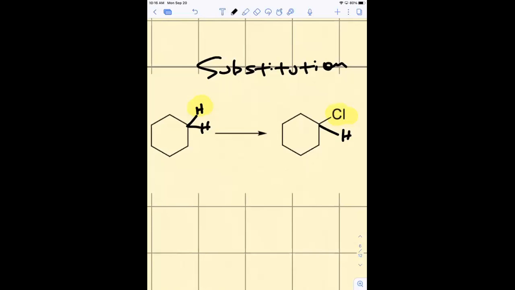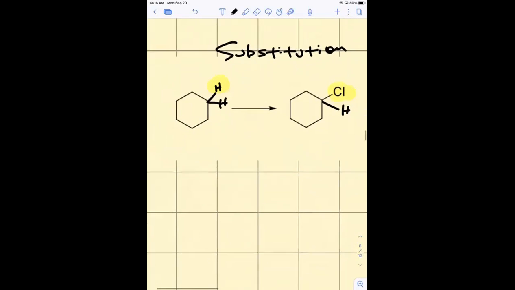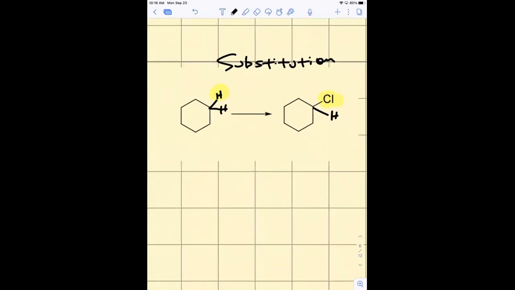Hydrogen is not conducive to doing polar substitution. So you actually have to do this in a radical fashion. I'm going to show you a quick and dirty radical mechanism. We're going to study that radical mechanism in more detail later, but I'm going to introduce you to it now. This is an example of what we call a radical substitution.